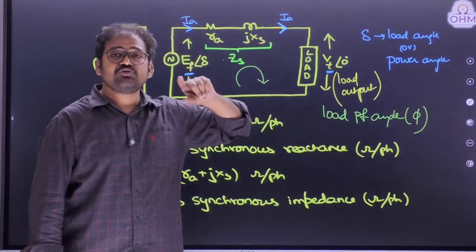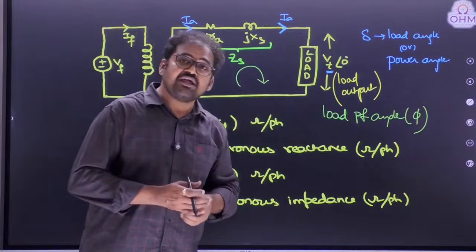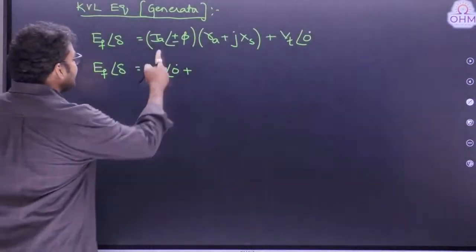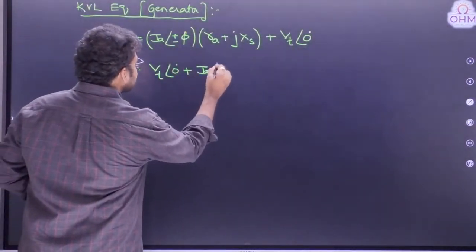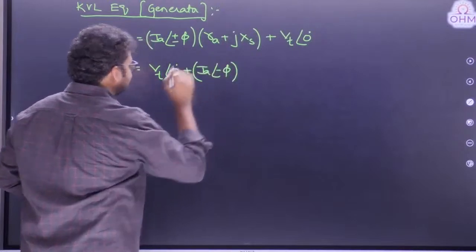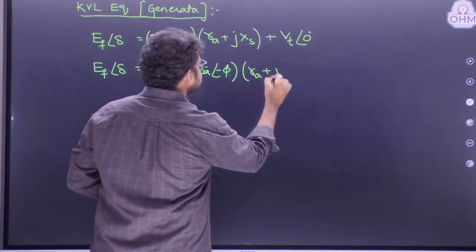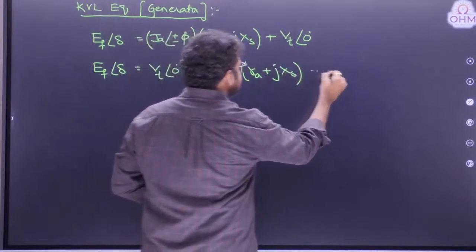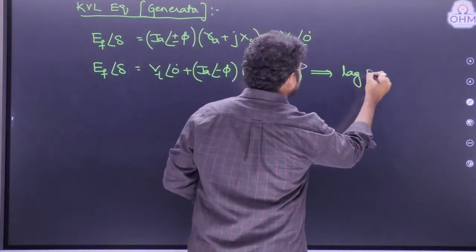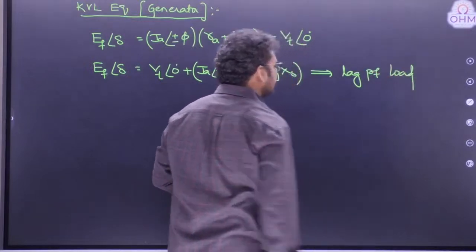Lagging means I have to use a positive angle or negative angle? Negative angle. Then in the KVL equation, this IA is at an angle minus phi, lagging power factor, into RA plus JXS. This is the equation for lagging power factor load.